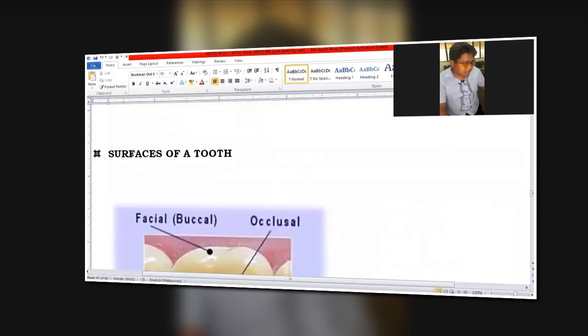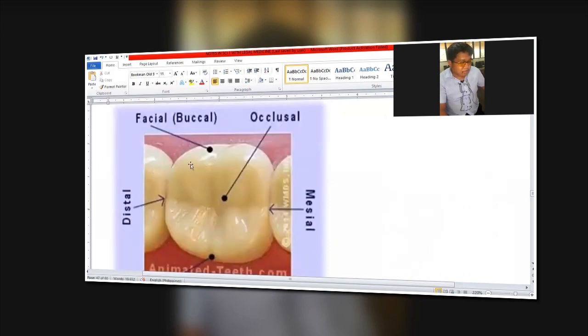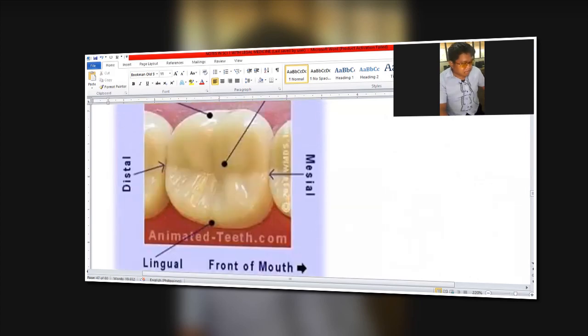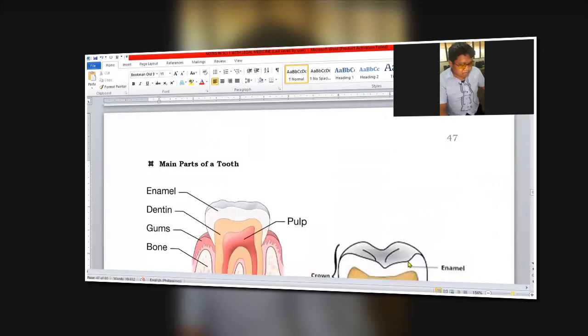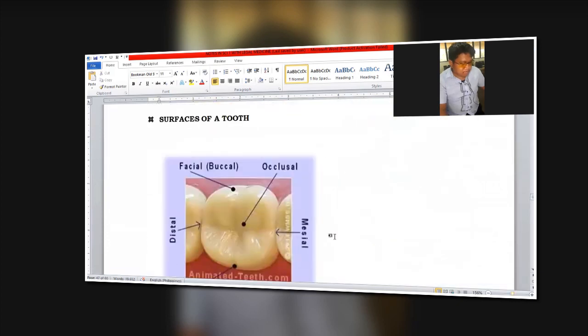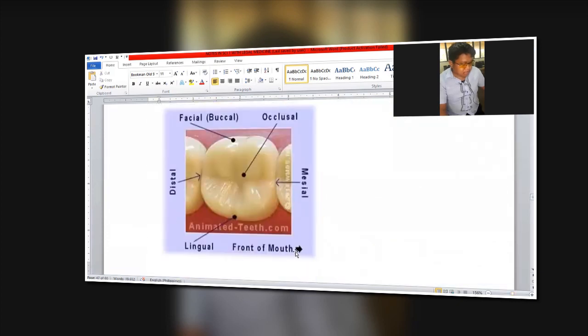the surfaces of a tooth. Mostly applicable yan dito sa molar na ngipin. Yan yung front of your mouth, parang nakaside ka, going that direction.